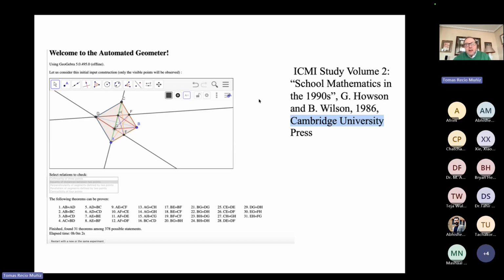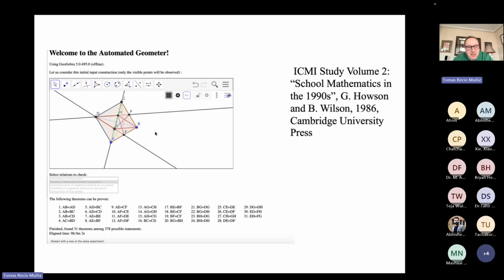So right now, I took this classical problem and gave it to the machine. This is again GeoGebra Discovery, in one version called Automated Geometer. We can work with this machine automatically in the web page, on the internet. I make the construction A, B, C, D, and the point E, the point F, and then I ask the machine, please prove all the theorems you can imagine over this construction.